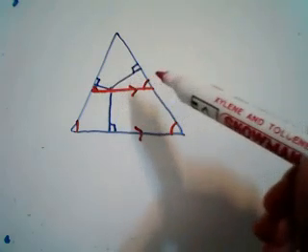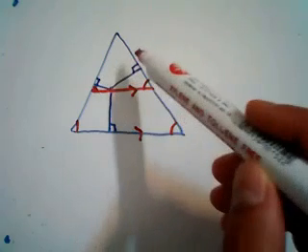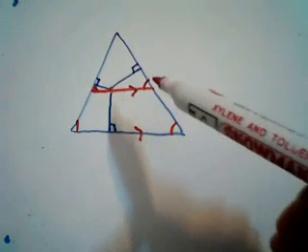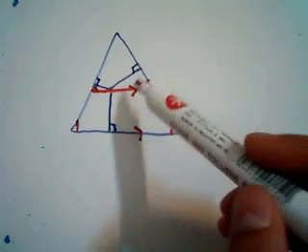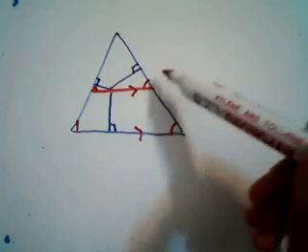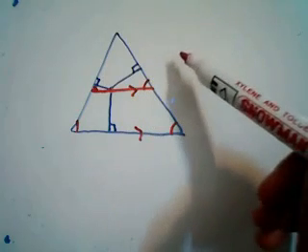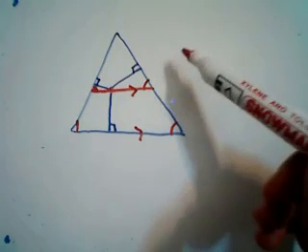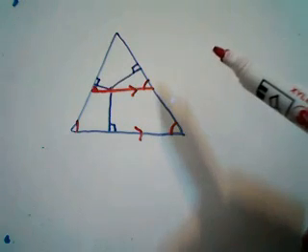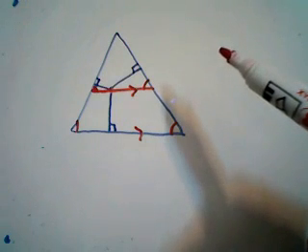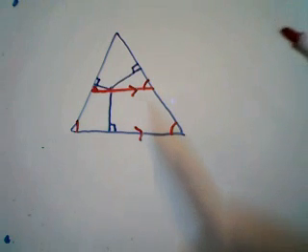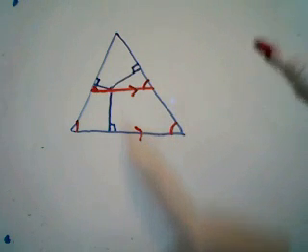Now, I didn't prove it before, but this is a theorem. Here, an equilateral triangle is a special case of an isosceles triangle.